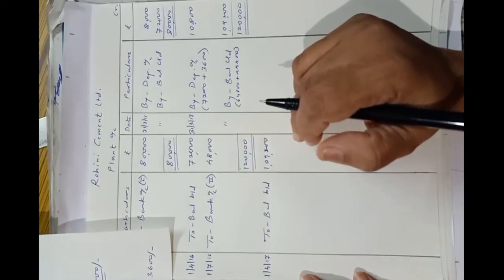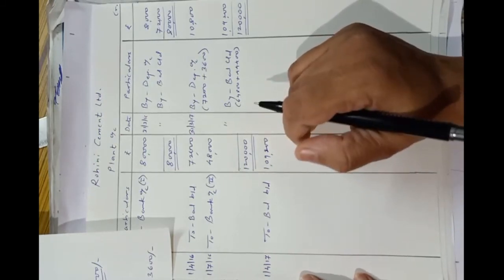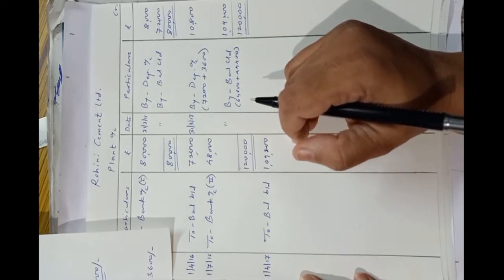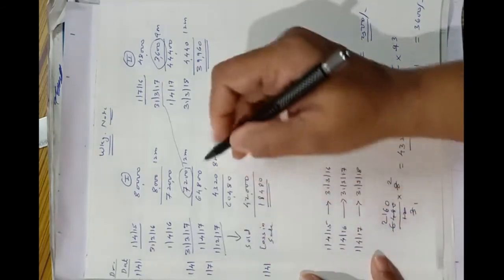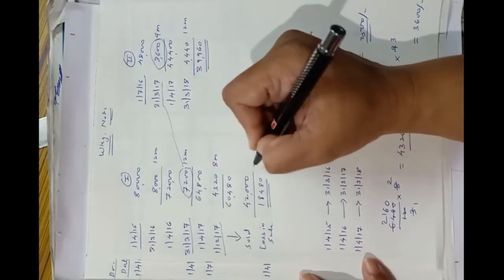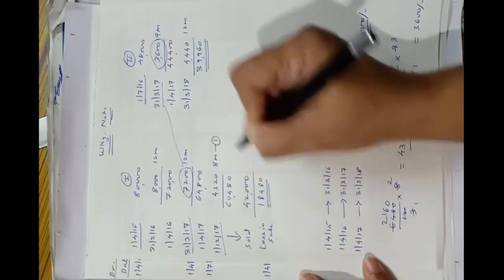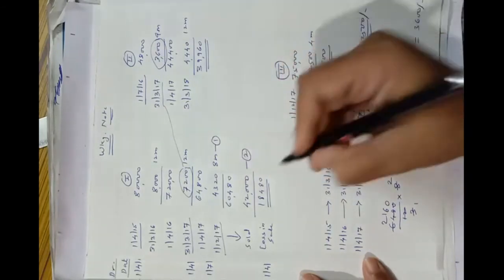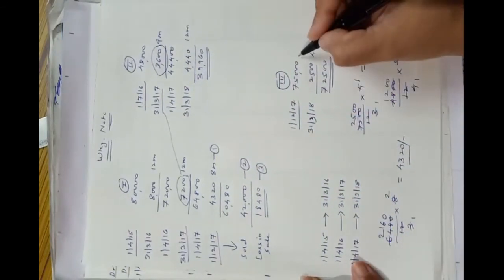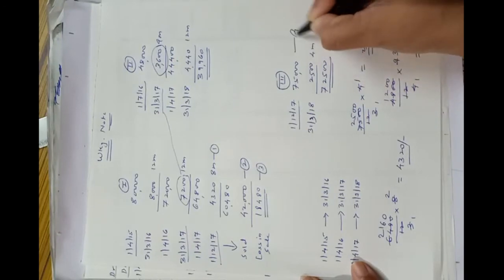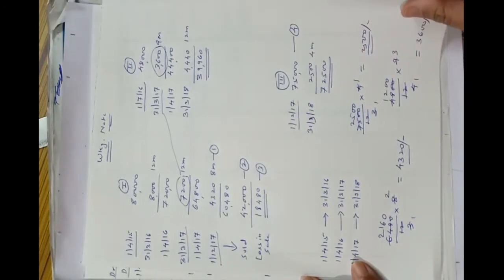Now in the third year, on 1st December 17, they have sold this machinery. So first we have to deduct the depreciation, then the entry of sale, and then the entry of loss, and on the same date they have purchased a new machinery. So this entry will be the 4th on 1st December.